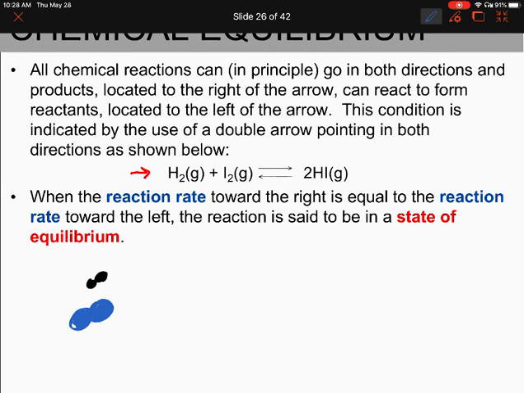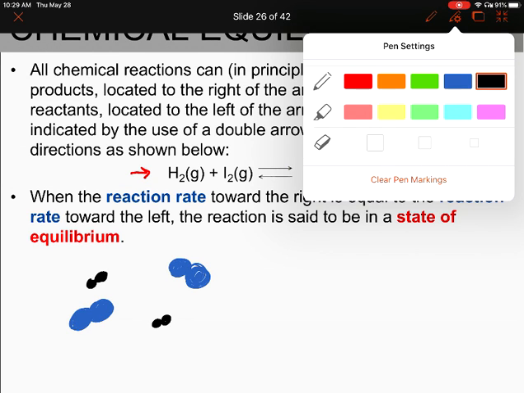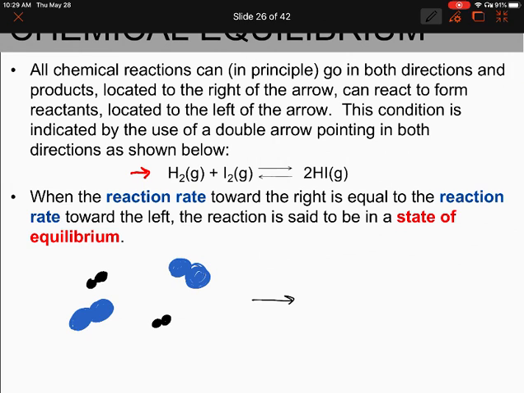All right. So let's say initially we just have I2 and H2 present in our reaction flask. Okay, and let's say they react and form some product.